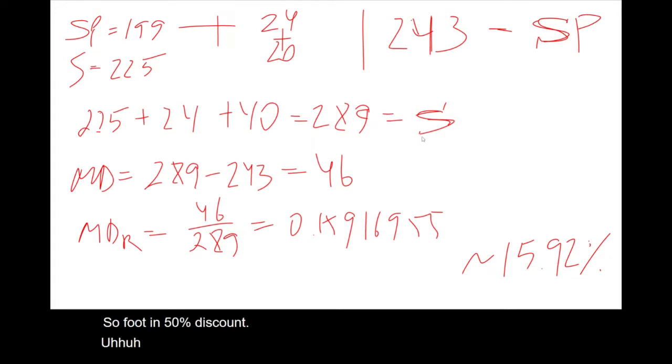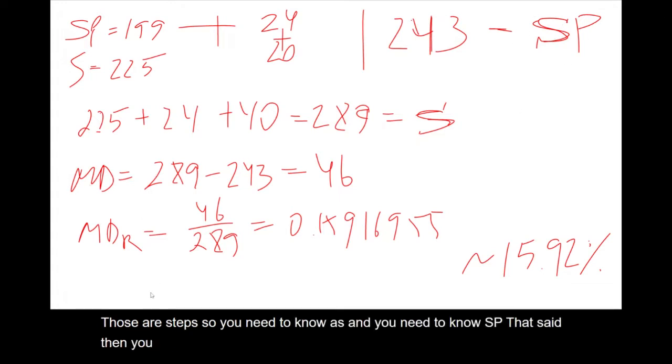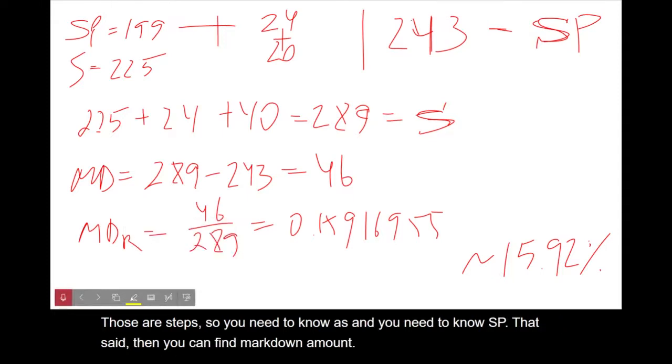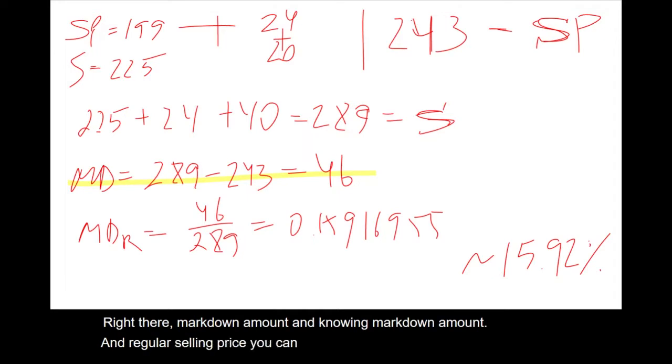Okay, those are steps. So you need to know S and you need to know SP. That's it. Then you can find markdown amount right there, and knowing markdown amount and regular selling price, you can find markdown rate.